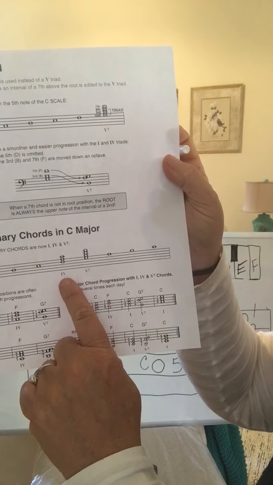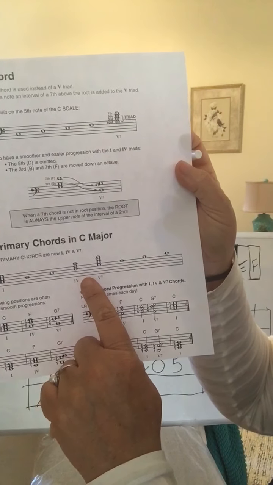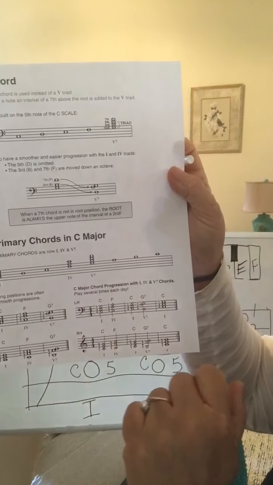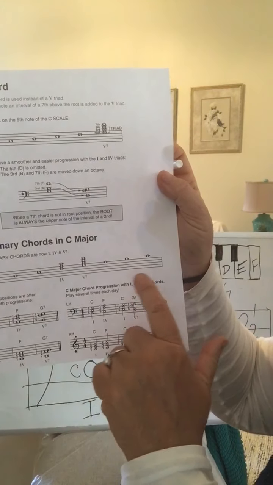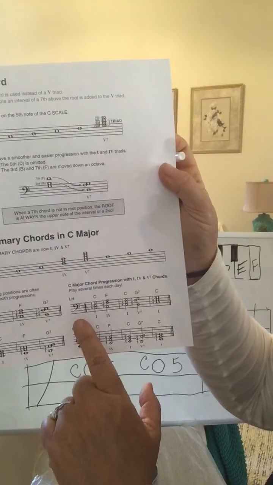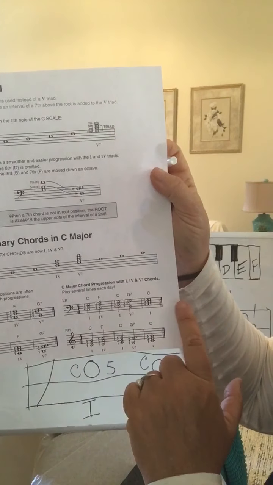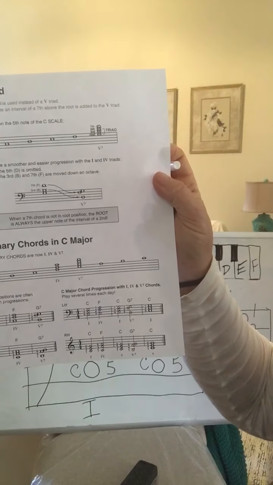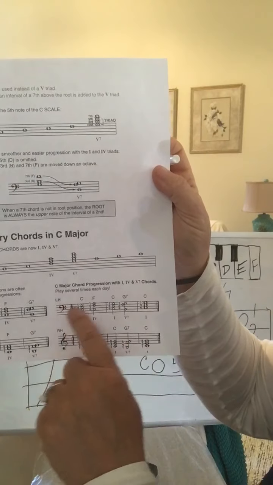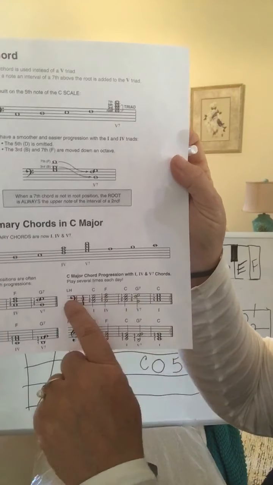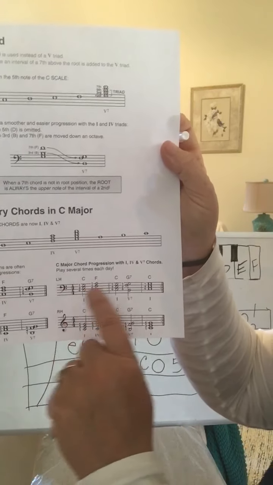There's your number 4 chord, and there's your 5-7. This is the way we have written them because it's easier to reach them. So this is the first place that you want to practice, right here on your sheet.